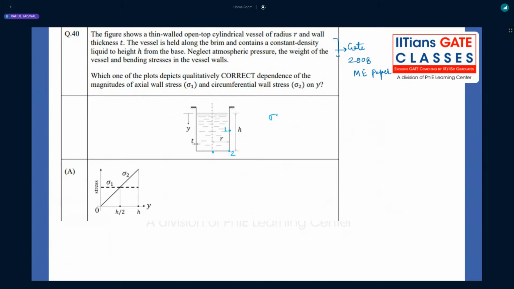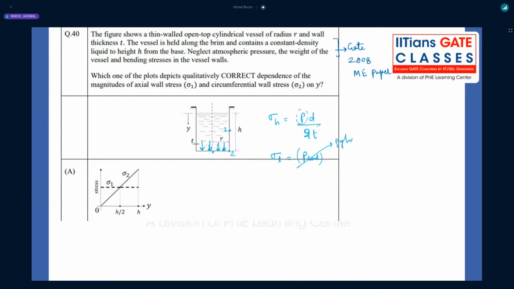Always remember the hoop stress formula is PD divided by 2t, where P is the local pressure. Longitudinal stress will always be developed when the pressure is acting at the ends of the cylinder, right? So the pressure at the ends is irrespective of the local value. It will directly depend on rho g h. This value will be fixed.